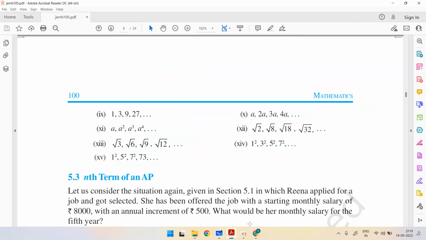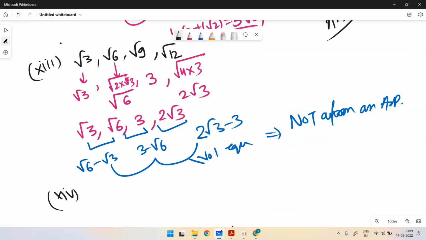Now what is the 14th part? The 14th part is 1 square, 3 square, 5 square, 7 square. If you write this in simple form, 1 square is 1 only, 3 square is 9, 5 square is 25, and 7 square is 49.